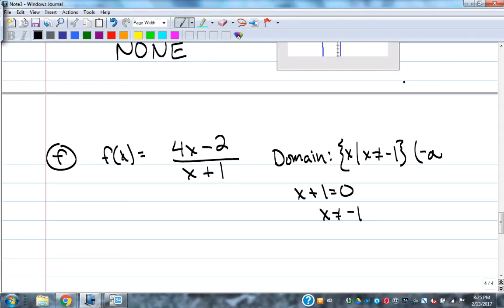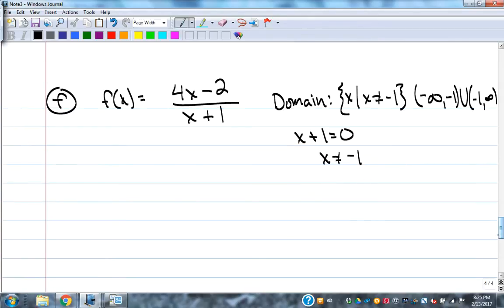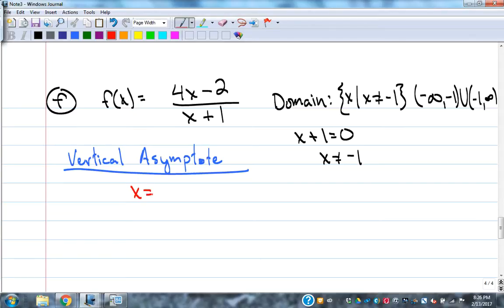Interval notation, negative infinity up to -1, -1 to infinity. Nothing fancy about that domain. Well, since there was no factoring to do, is there any simplifying that happens? No simplifying. No factors canceling out. So that means my vertical asymptote, you can abbreviate these anytime you want to, is what? X equals -1.